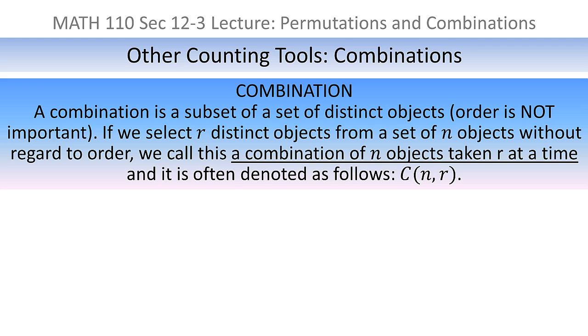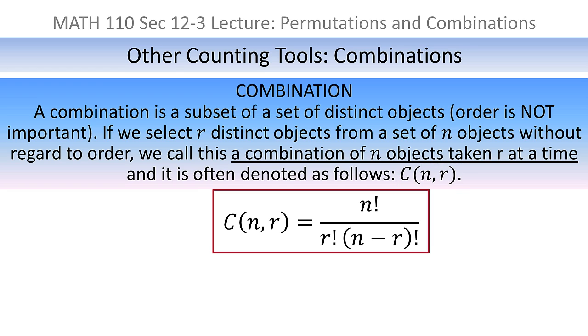If we select R distinct objects from a set of N objects without regard to order, we call this a combination of N objects taken R at a time. And the notation for that, it's not necessarily just one, but the one that you see the most often, the one that we will use, is a capital C with N comma R in parentheses. And it's read a combination of N objects taken R at a time.